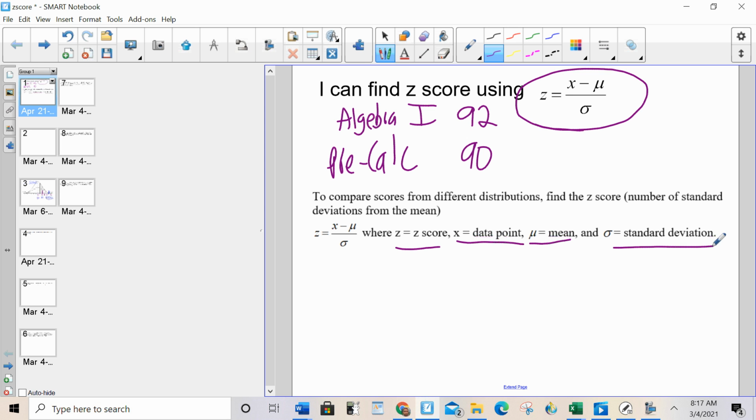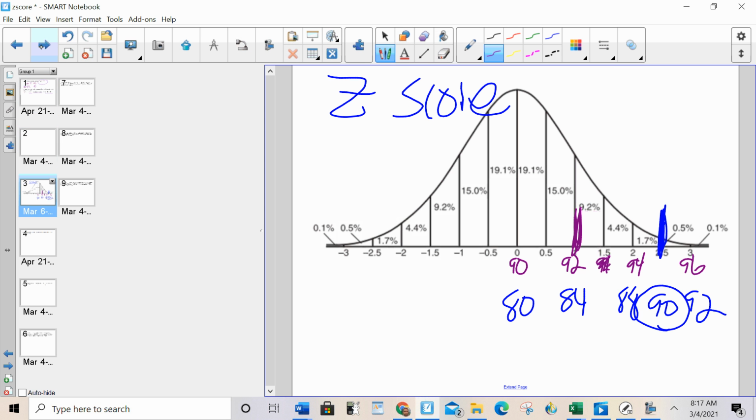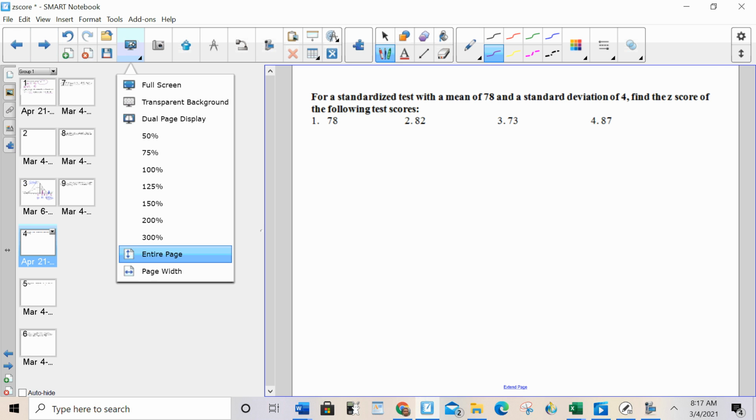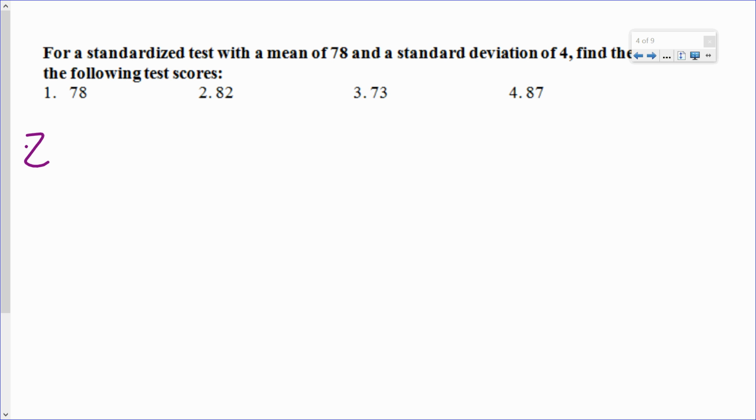So let's start by doing some calculations. It wants me to find the z-score of the following test scores. Well, z equals x minus mu over sigma. Z equals, so x is the test score.